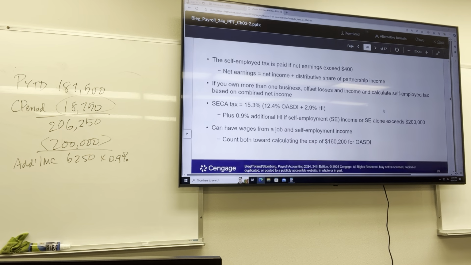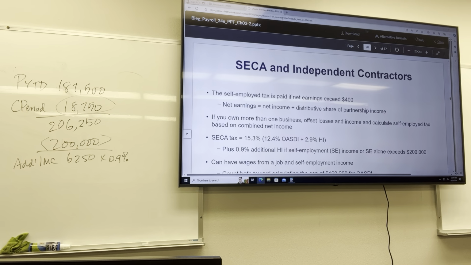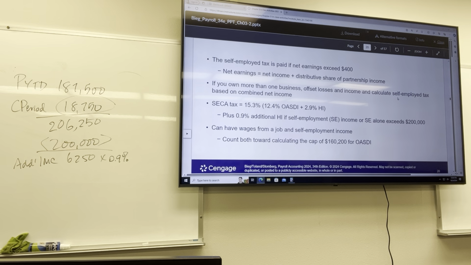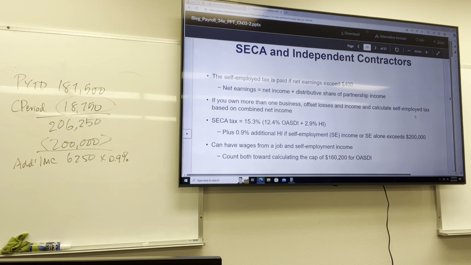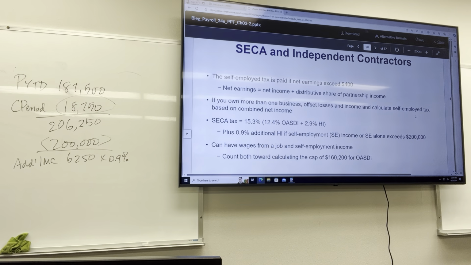Actually, let me go through this first, because there are a couple of questions on the practice sheet that have to do with self-employment income. What happens when you've got somebody who has wages and self-employment income?